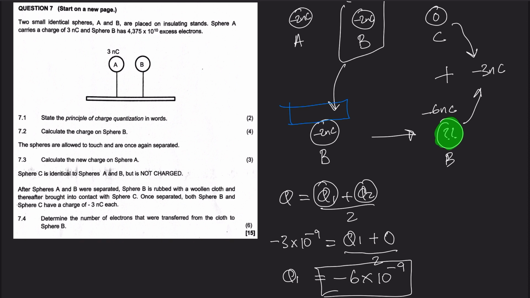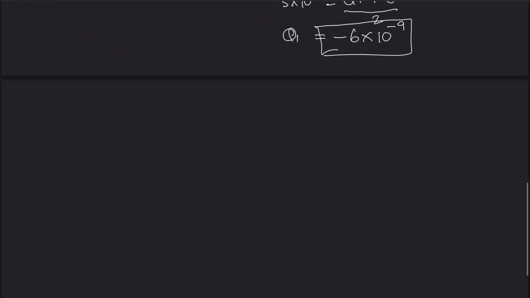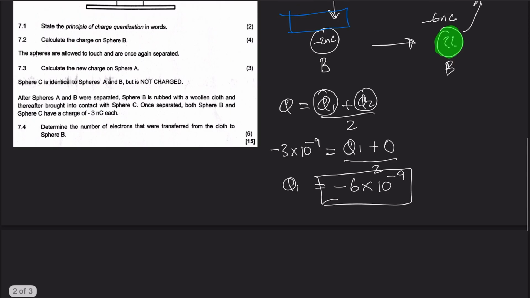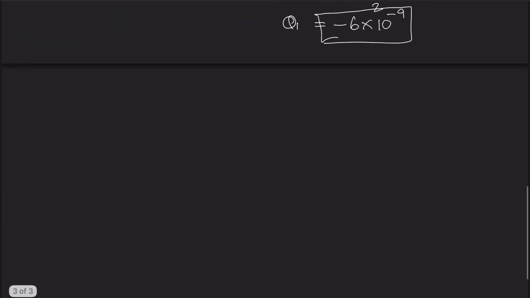And that's good, because now what we can do is we can work out the number of electrons that were transferred during the rubbing. So now it's just a matter of working out the number of electrons transferred. So let's write out the information that we know.